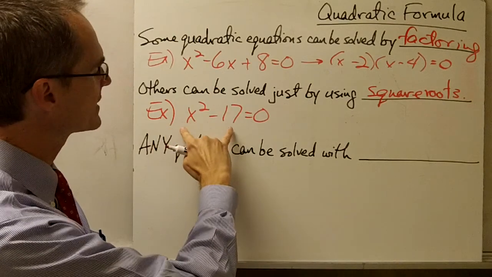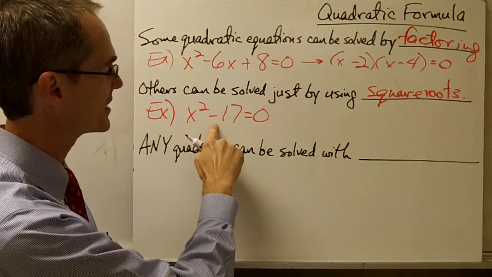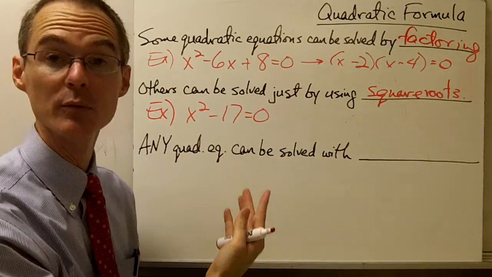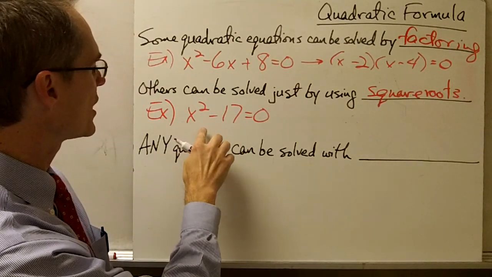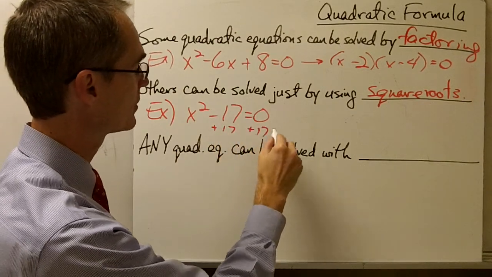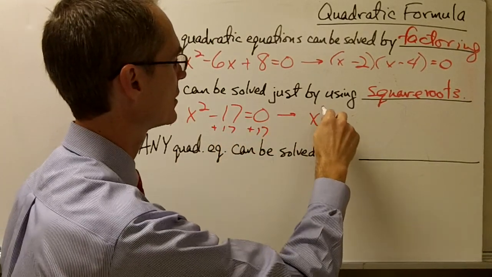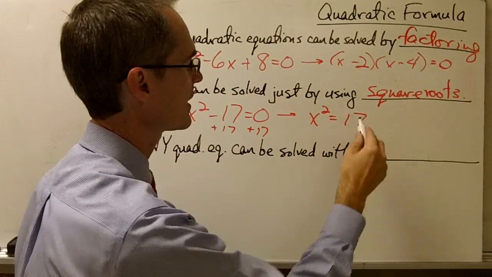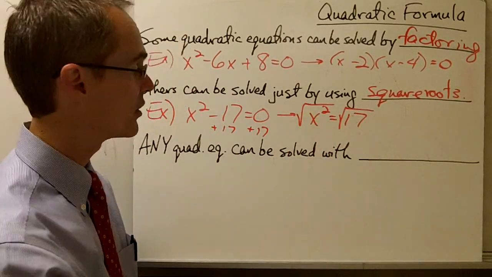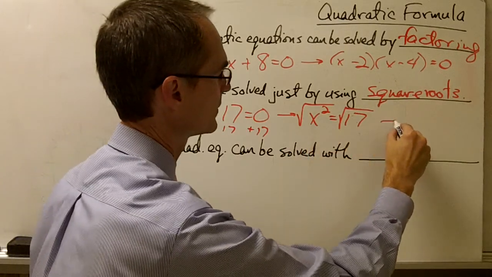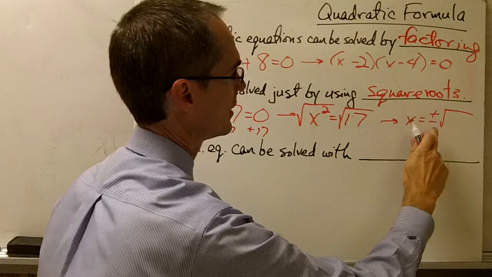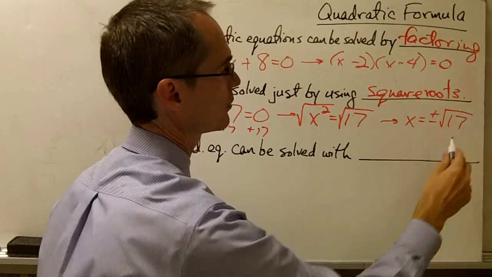And we've seen how anytime we have a quadratic expression that doesn't have that middle term, where the b value is equal to 0, then we can just, in this case, add 17 to both sides of the equation. That would make the equation look like x squared equals 17. And then just take the square root of each side of the equation, and we would get x equals positive or negative square root of 17.